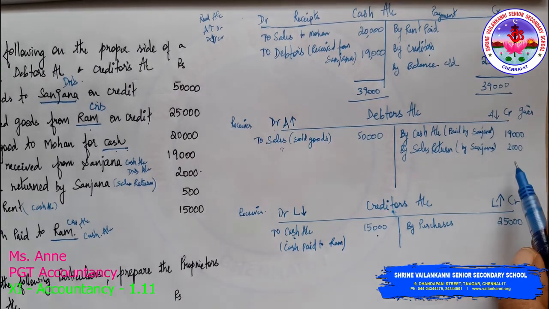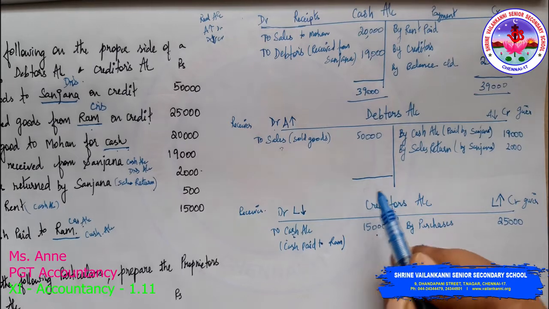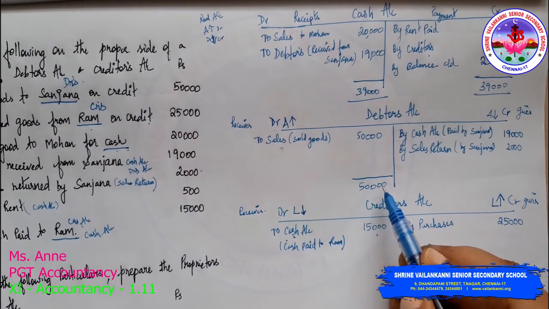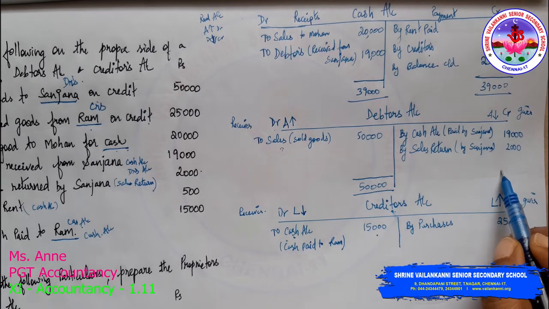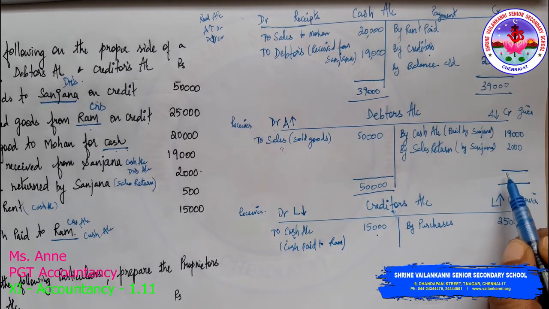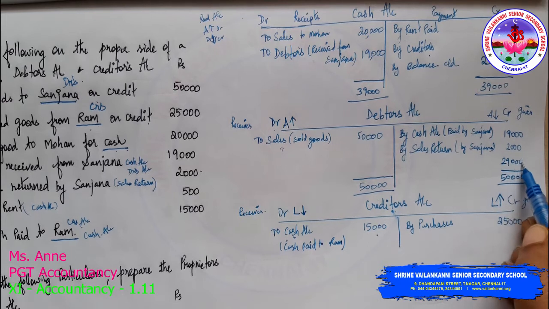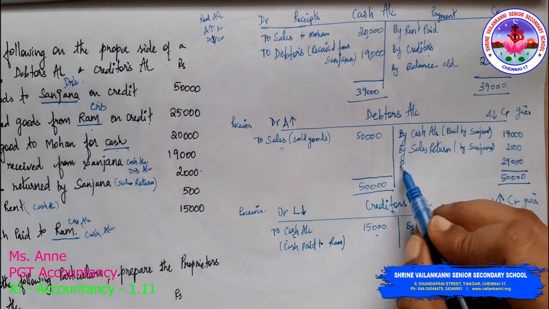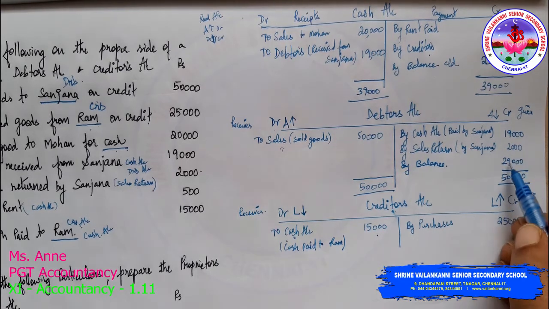Then we are having debtors. In the debit side we have 50,000. On my credit I have 21,000. So if I have to make this 50,000, I should have 29,000 here as my balance. Okay, so 30 and 20, so 50,000.